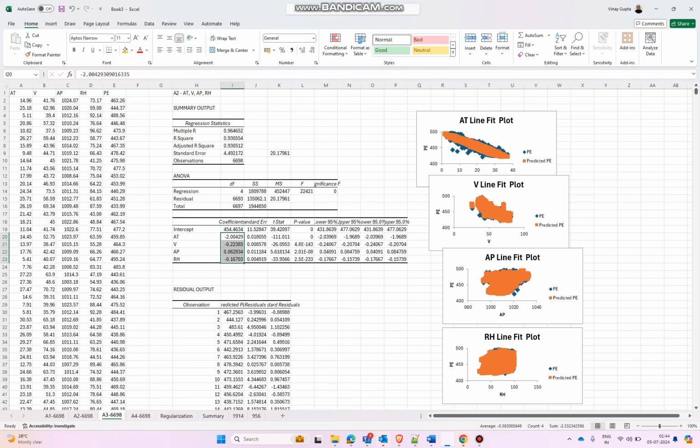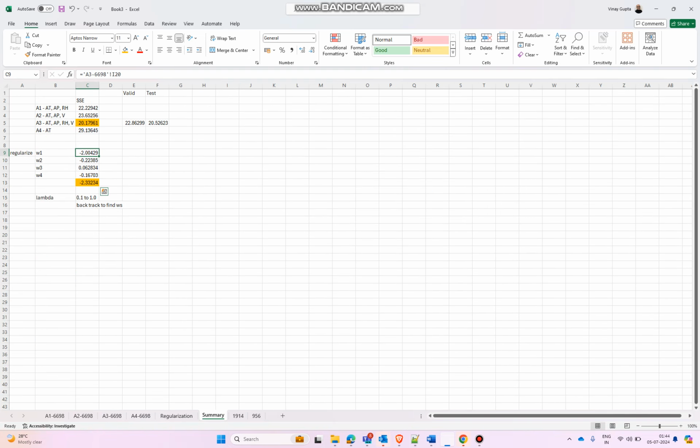There's a nice correlation for the temperature, and the others are a little bit scattered, but there's a fairly tight fit on how the line is going. There's a negative slope, a positive slope, and an adjusted negative slope here. So these are our W's. If we add them up, this is what we get.